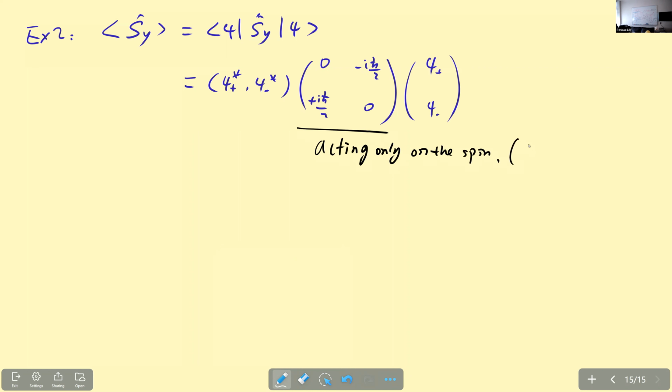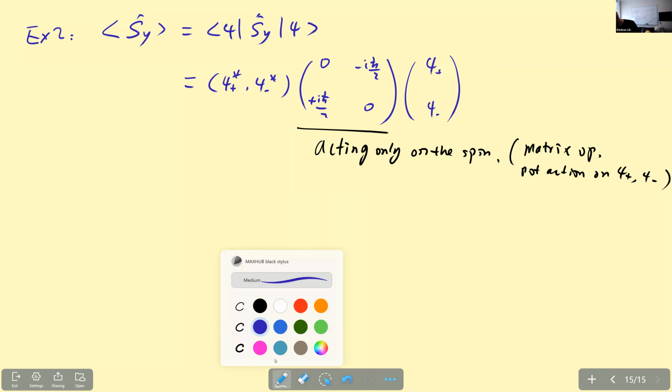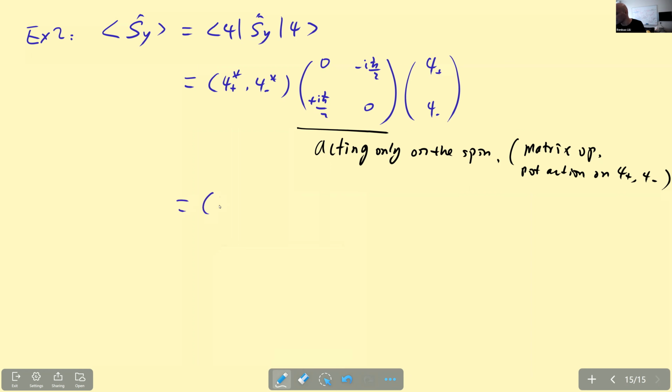That means just do the matrix operation. Okay, no action on ψ+, ψ-. So the result will be ψ+ complex conjugate, ψ- complex conjugate.